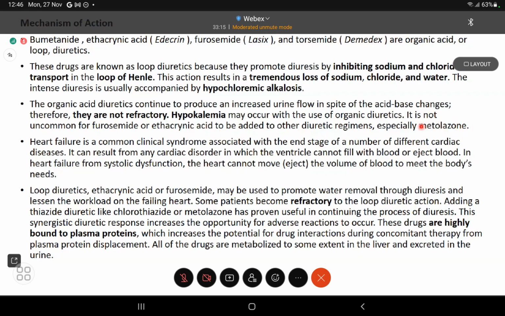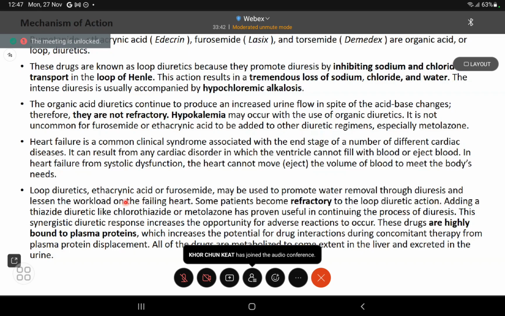If you use two different groups of diuretics, normally you will see hypokalemia. This sentence is trying to tell you hypokalemia is a normal condition if you use different groups of drugs together, especially one from the organic acid group and one from the thiazide group. It will always show you hypokalemia.